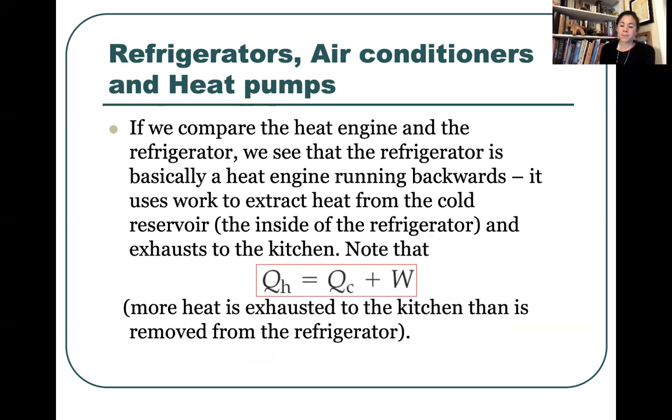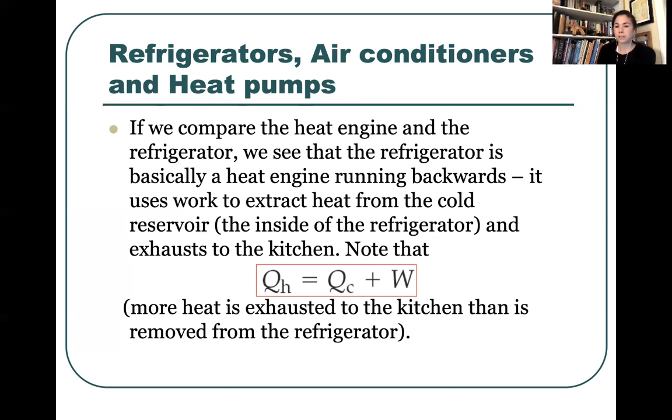So you can see that if we do the same kind of reasoning that we apply to the heat engine, we're going to have to change a few things here because everything runs backwards. So we use work to extract heat from the cold reservoir. So we take the heat from the inside of our fridge and then it goes out in the kitchen.